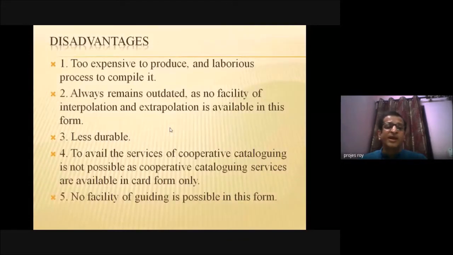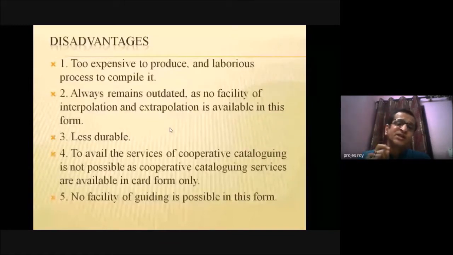Then you cannot do a cooperative cataloging process. You cannot, because although it is portable, it doesn't have any standard to do that. No facility of guiding is possible in this form. There is no standard basically, that's why it has no guidance.